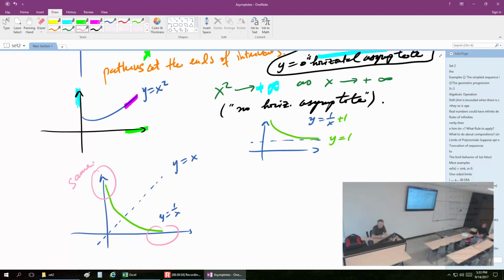Let me once again write up what we just discovered about what's at the bottom: y goes to 0 as x goes to plus infinity. Let's try to describe what's happening at the top.